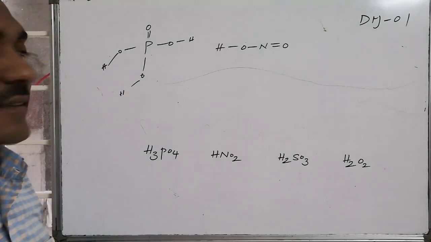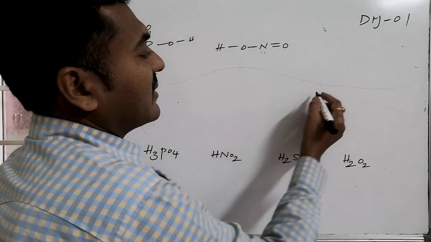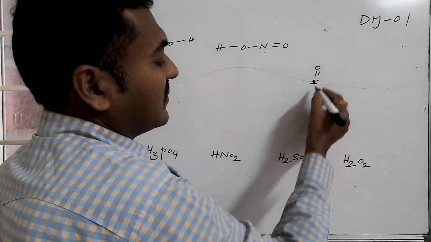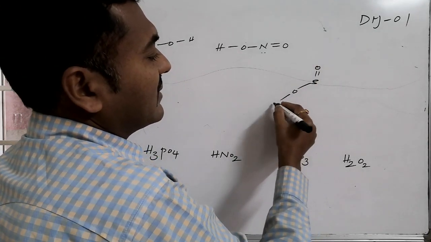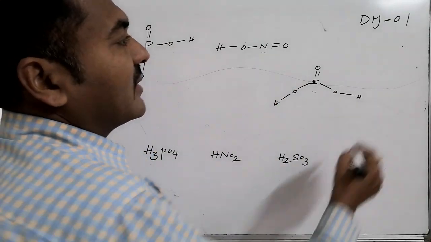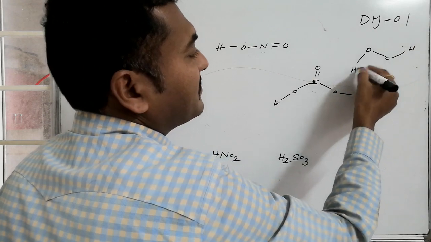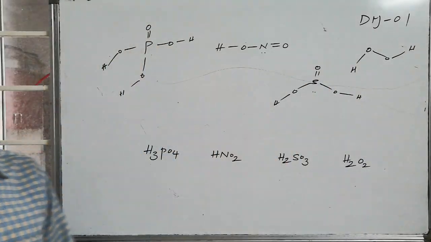This is nitrous acid having one lone pair over here. Whereas sulfurous acid, this is sulfurous acid. Whereas hydrogen peroxide, this is hydrogen peroxide. These are the structures of the compounds.